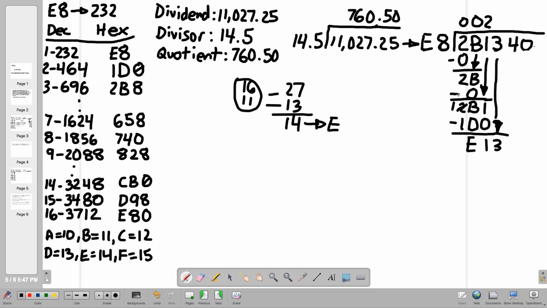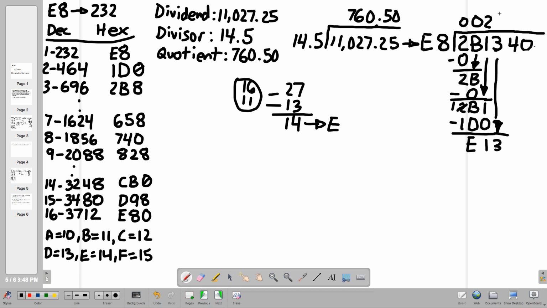So next cycle, we ask, does E8 go into E13? And the answer is it does. It goes in 15 times. We look here towards the left, and for E8, this value is 232. We multiply that by 15 and get the decimal value 3,480, and its representation is D98.